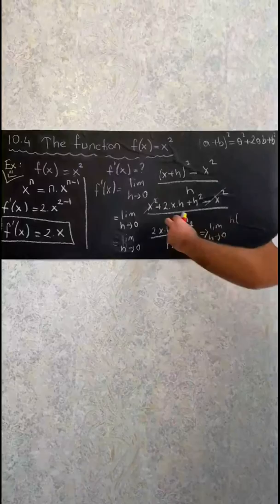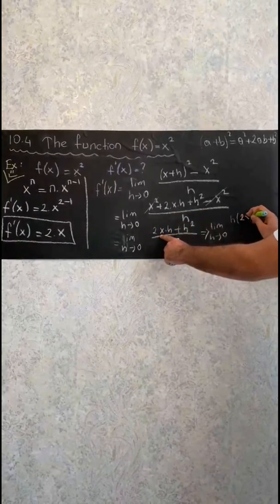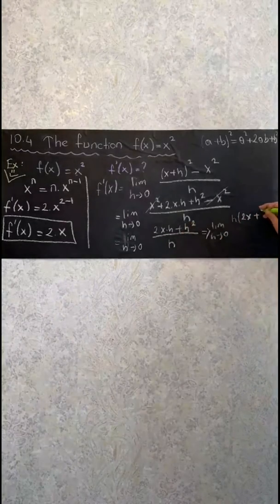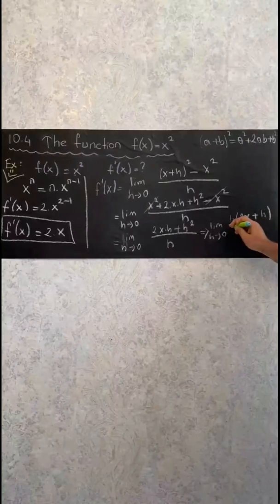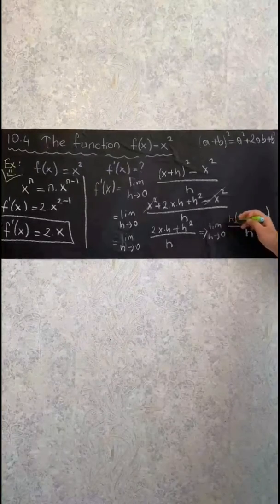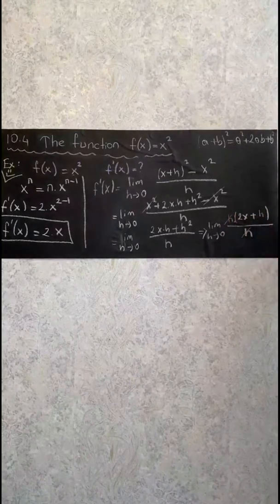If you take h out, what is left? 2x plus h, yes. So over h, and this h and h simplify, cancel.